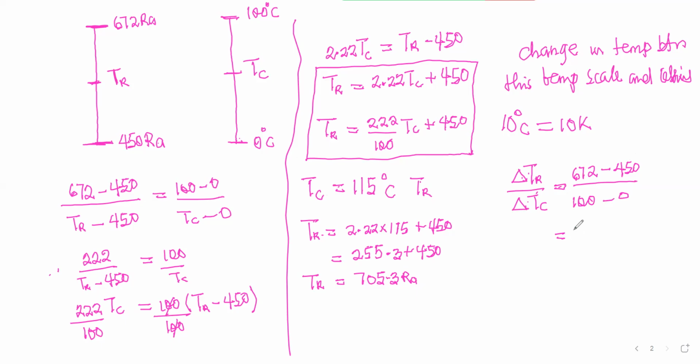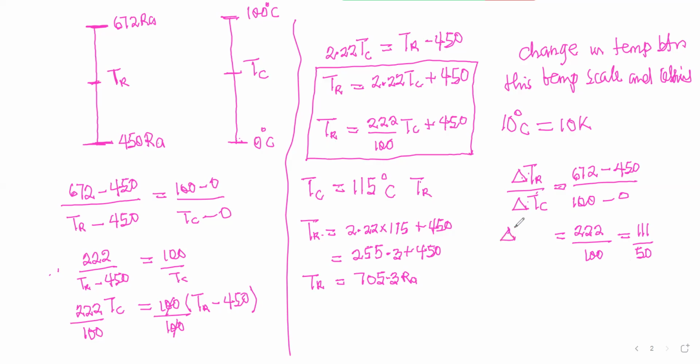It is 222. So 222 over 100. We can also break it down as 111 over 50. So the ratio is actually 111 is to 50.